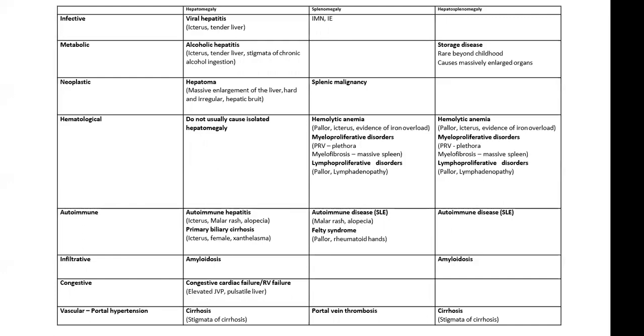Liver can be enlarged in the early stages of cirrhosis as well. Remember, in cirrhosis the liver is shrunken, but write this down: the liver can be enlarged in the early stages of cirrhosis.